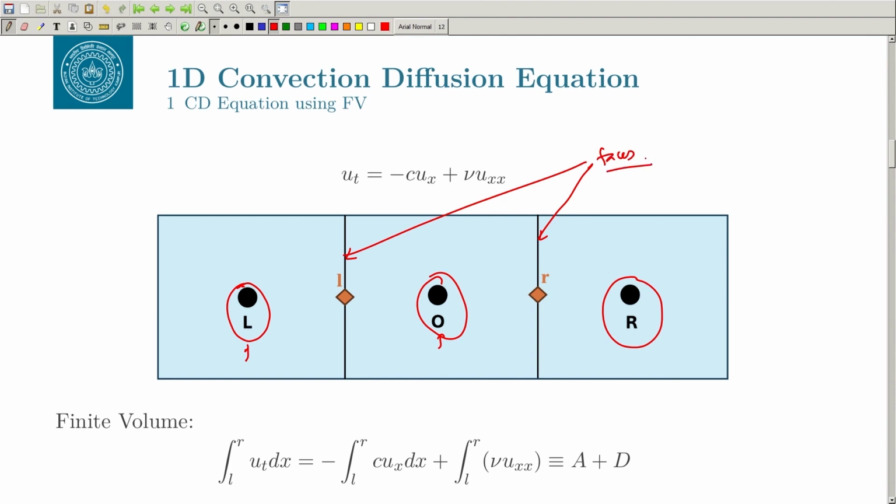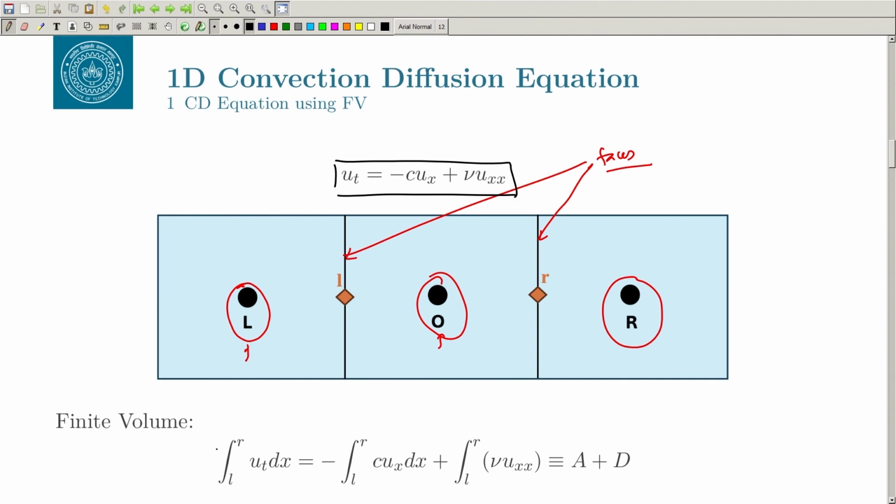So, we need to find out values at l and r. We will use a very simple scheme, take the average between left and right, and try to solve using the finite volume. When you go from finite difference to finite volume, you need to integrate.